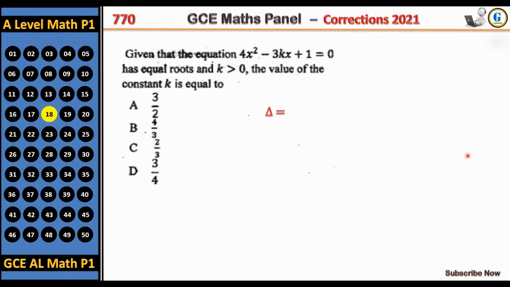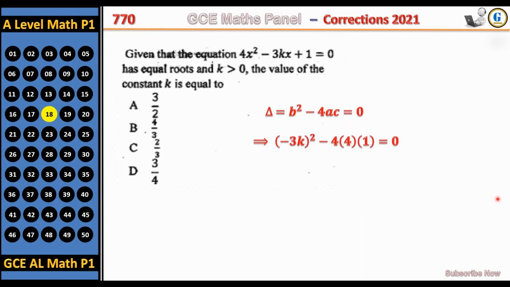So we have the discriminant, which is b squared minus 4ac, should be equal to 0. This will give us minus 3k squared plus minus 4 times a, which is 4, times c, which is 1, that should be equal to 0.